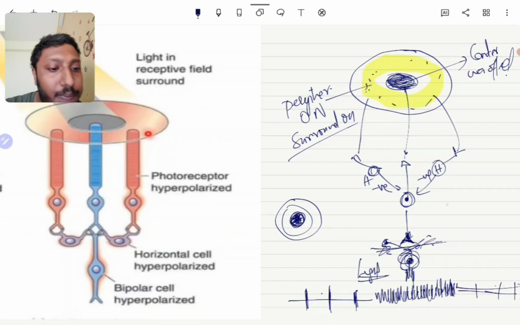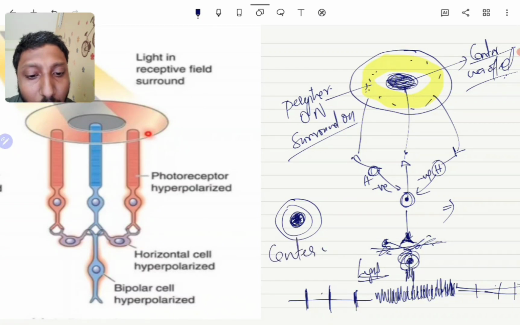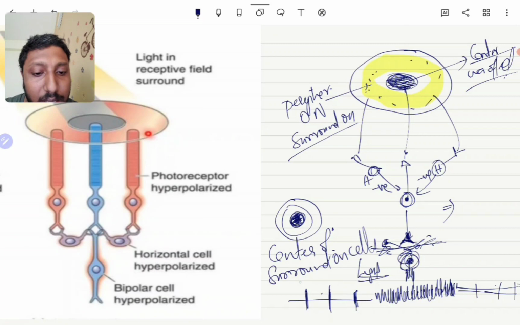This is called a center off, surround on cell. This is the most common kind of cell.